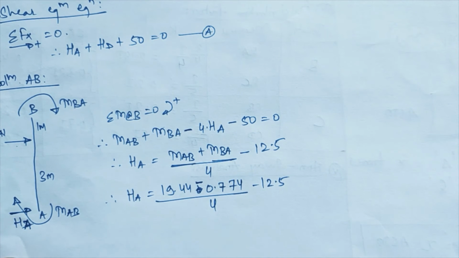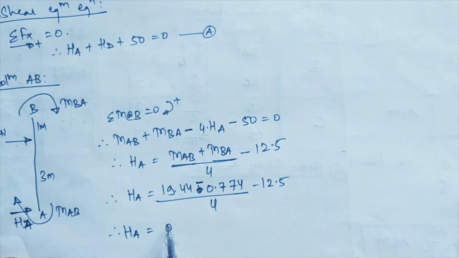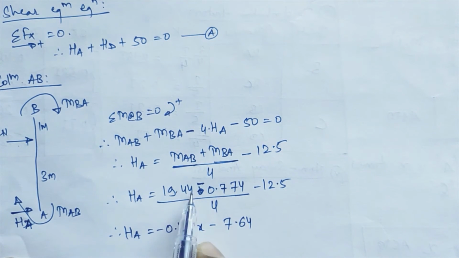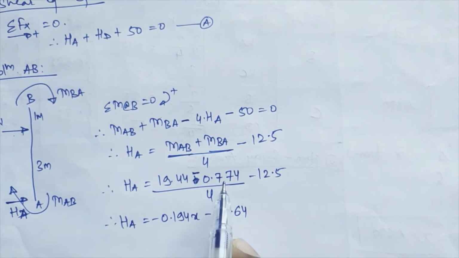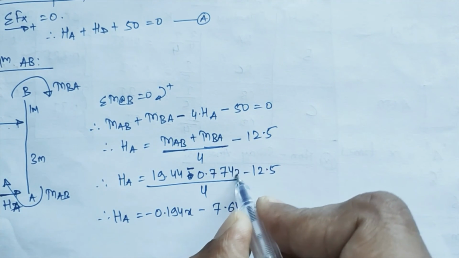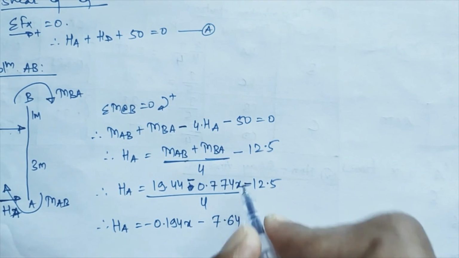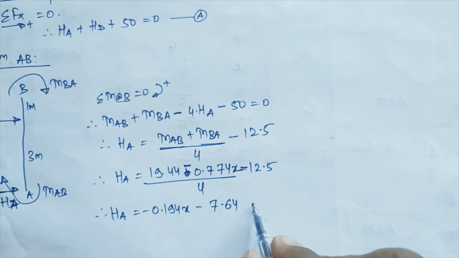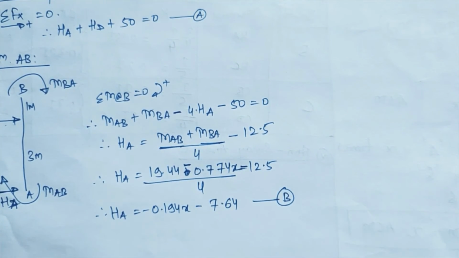If you simplify this, I get the HA value as minus 0.194 of x minus 7.64. 19.44 divided by 4 minus 12.5 gives minus 7.64, and 0.774 divided by 4 multiplied into x, I get as minus 0.194 of x. This will be my equation number B.